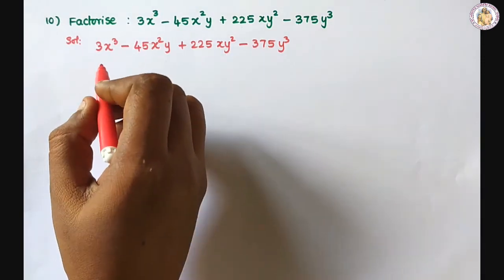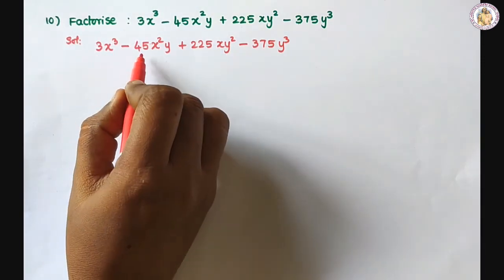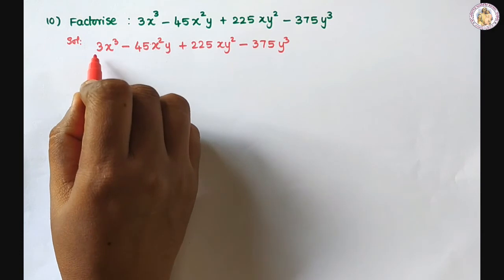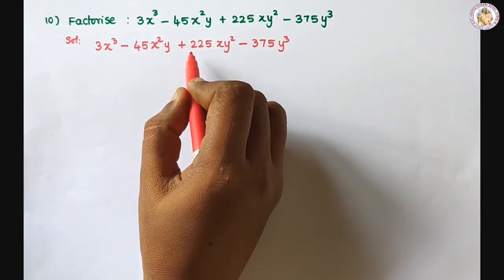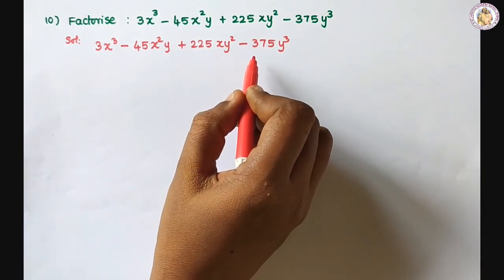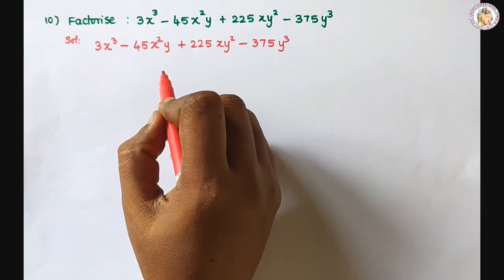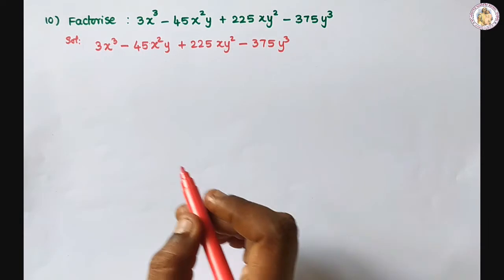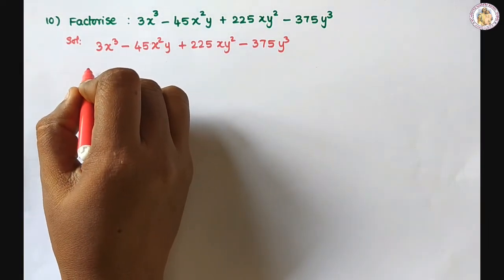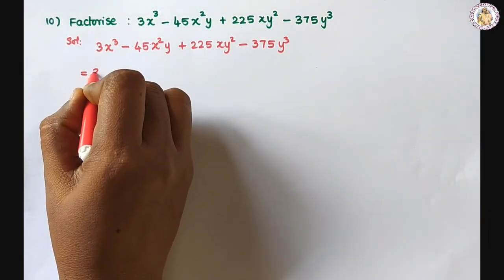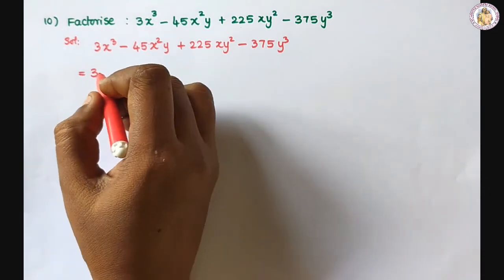Listen here. See the numerical coefficients 3, 45, 225, 375. These are all divisible by 3. So taken out as common. Taken out 3 as common.